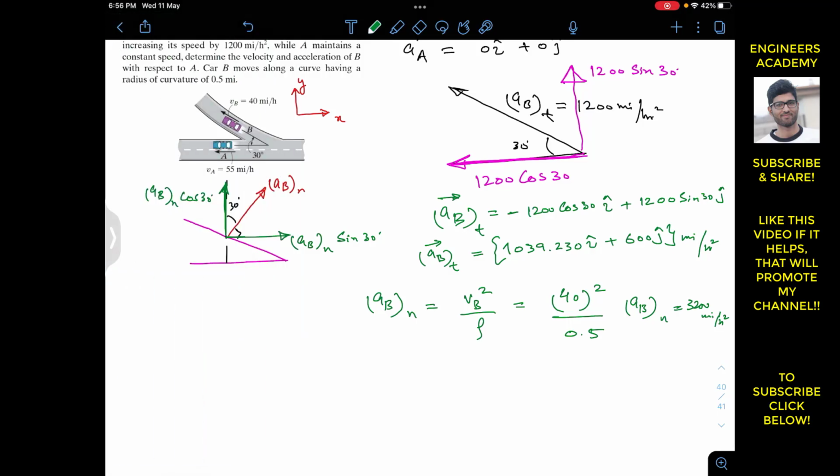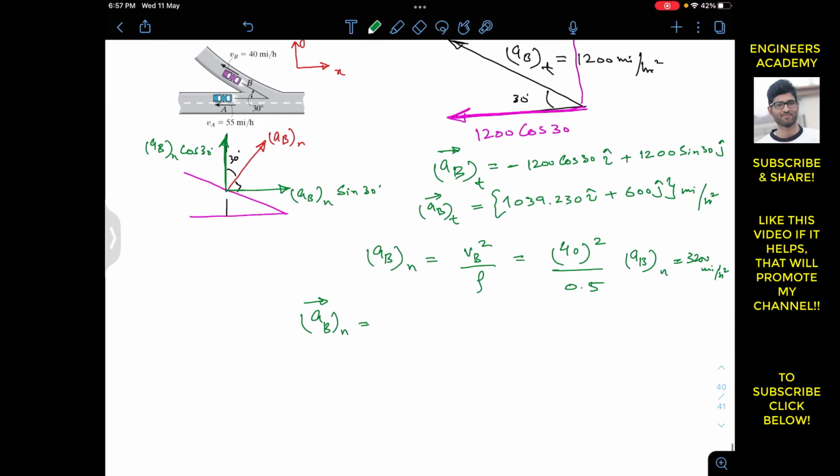Now from this we can write that the sine component is acting in the positive direction. So I can write that the Cartesian vector representation of the acceleration of B in the normal direction is equal to ABN sine of 30, and ABN magnitude is now known, which is 3200. So 3200 sine of 30, this component is acting in the positive i, and this is acting in the positive j.